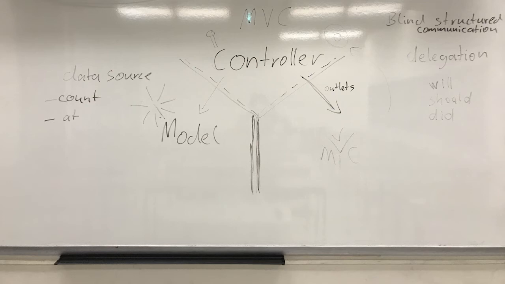So delegation and target action are blind, structured communication. The view doesn't know who it's talking to, but it's structured. It's either adhering to a delegation protocol or the action was defined inside the view controller.